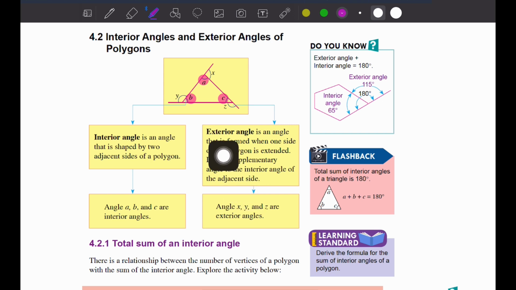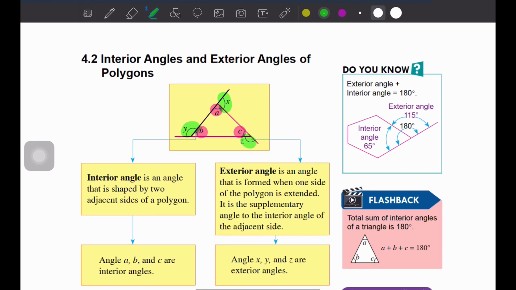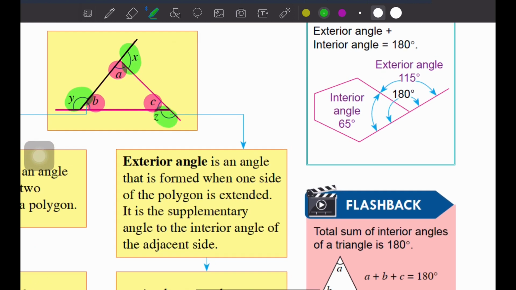Sebenarnya exterior angle ni hanyalah, kalau awak ada satu garis, contoh garis ni, saya pakai hitam, kita panjangkan dia. Bila panjangkan, yang di luar ini adalah exterior angle. We have X, Y, and Z. Itu sahaja, senang kan? Tak susah. Okay, sekarang tengok di sini.